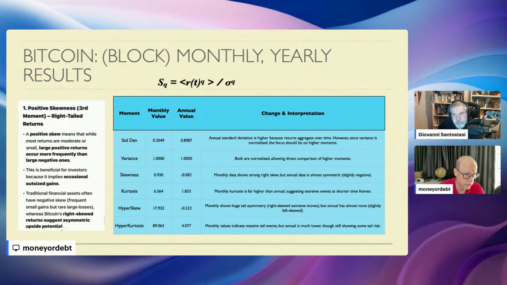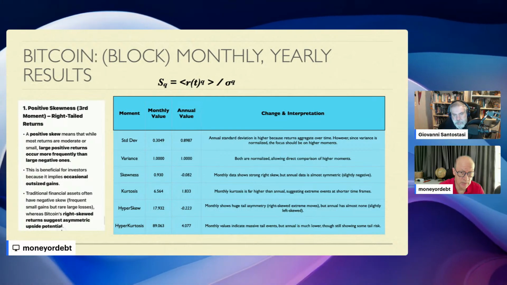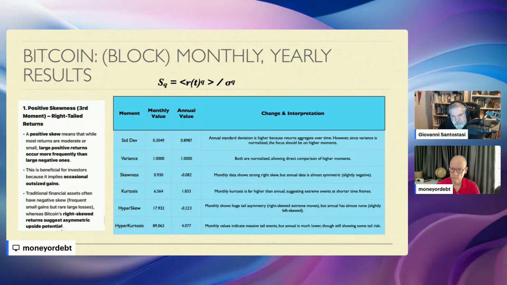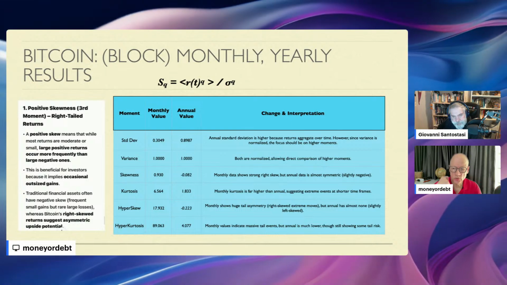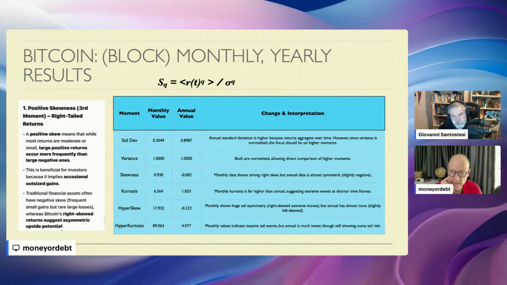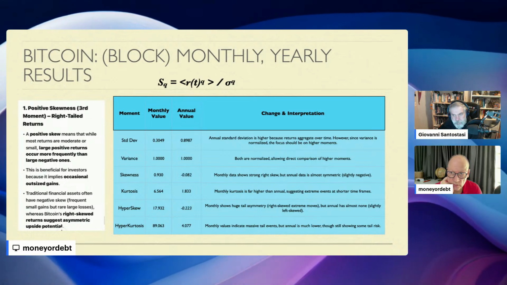So if it's a square, 4th, or 6th, it's always going to be positive. If it's the 3rd power, it can sometimes be negative, or the 5th power. So Bitcoin's right skewed returns, particularly for the monthly and the daily, suggest asymmetric upside potential. Positive skew is good.